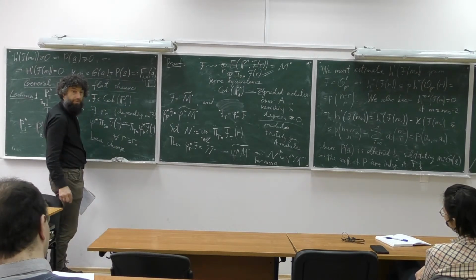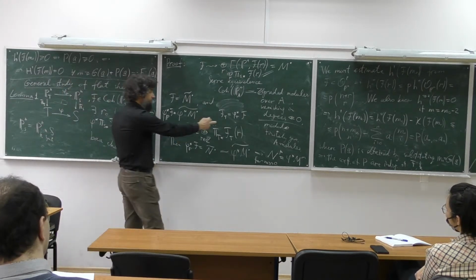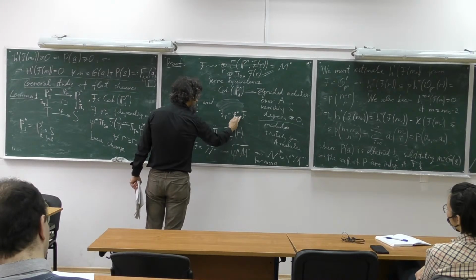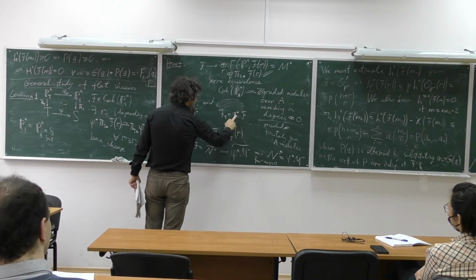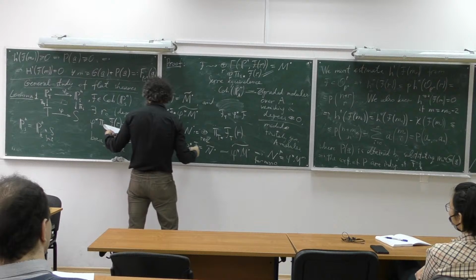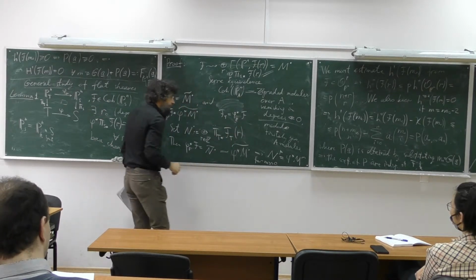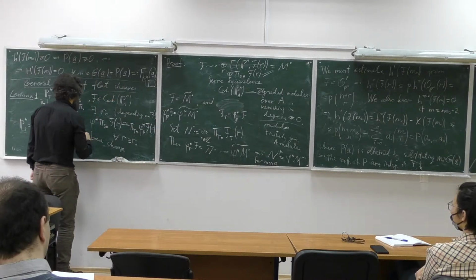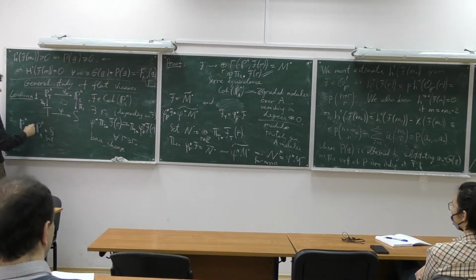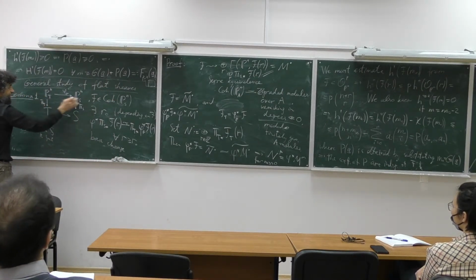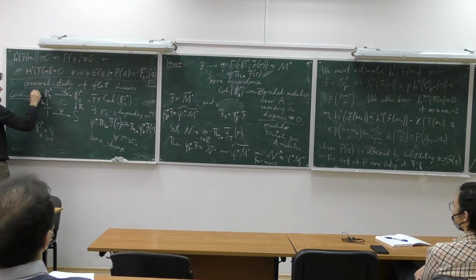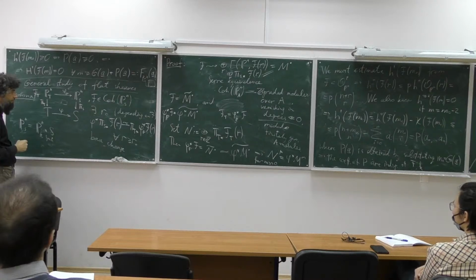What is F_T? F_T is the pullback. Phi is here. So we have a sheaf F here, we pull it back, we obtain the sheaf F_T here. It's just the phi upper star and dots tilde.